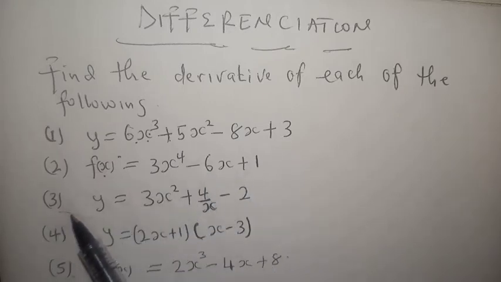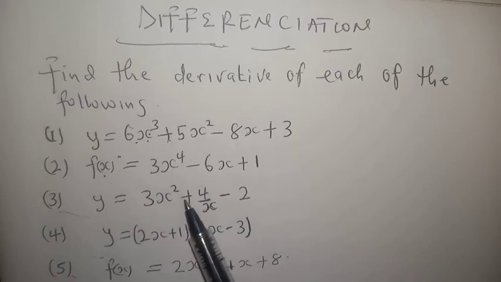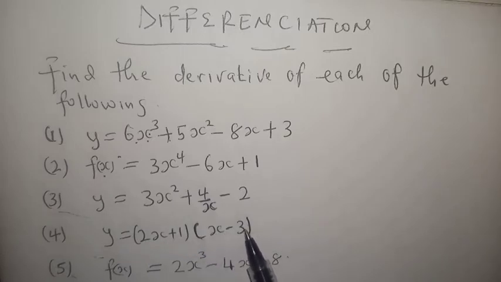Question number 3, y is equal to 3x squared plus 4 over x minus 2. And number 4, y is equal to 2x plus 1 open bracket and close bracket x minus 3. And the last question says f of x is equal to 2x raised to power 3 minus 4x plus 8. Now, solution.